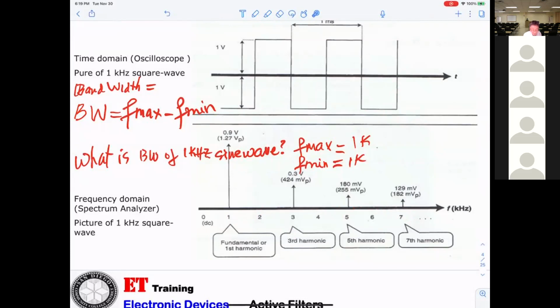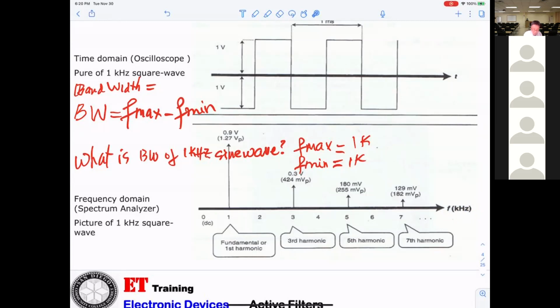So they can ask you, what is the bandwidth of this signal at 5 kilohertz? Then you take the maximum, 5K minus 1K. That's why you get 4 kilohertz. The thing is, this is the frequency domain. You can do calculation.